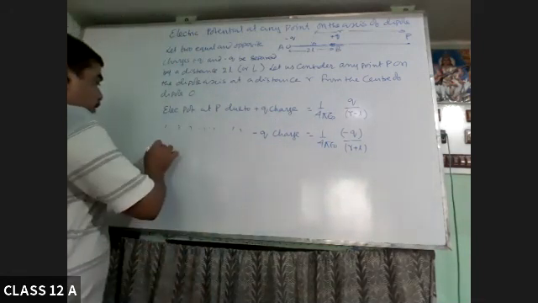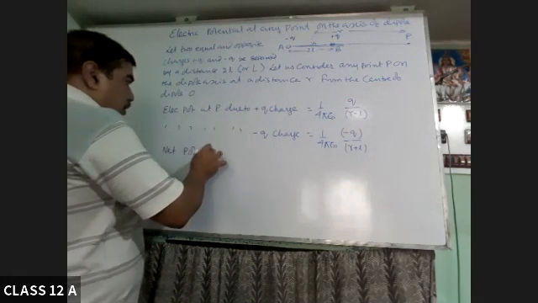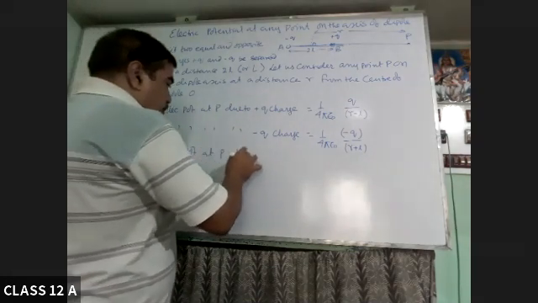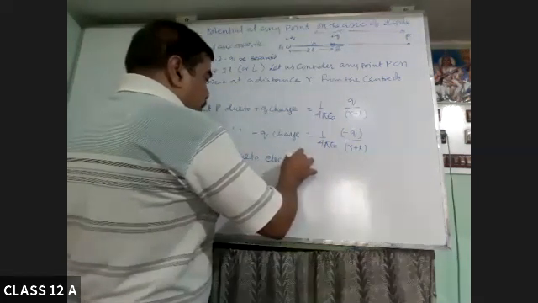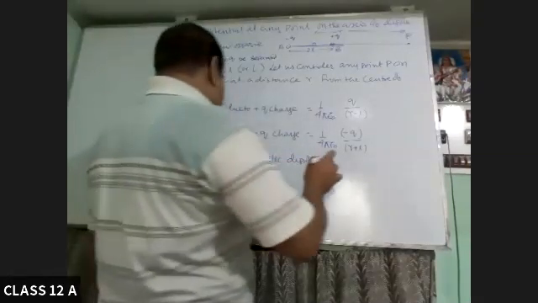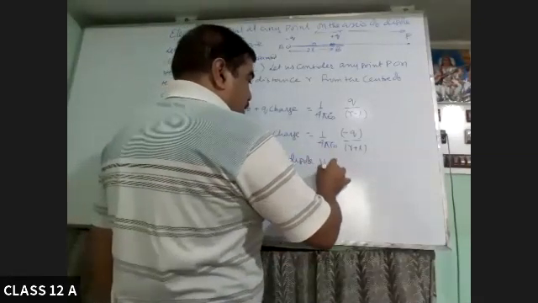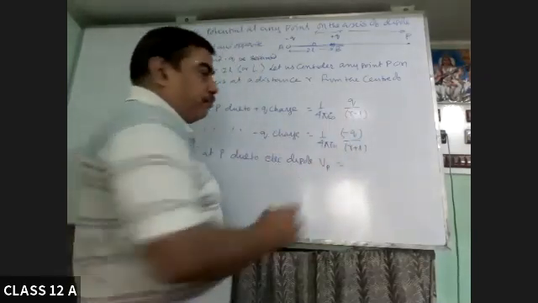So what will be the net potential at P due to the electric dipole? This potential plus this potential, the algebraic sum.